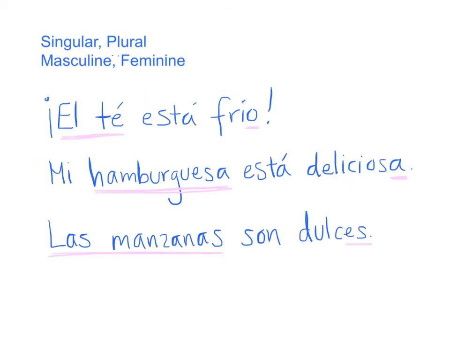Las manzanas son dulces. Dulces with the S at the end because I'm describing more than one apple, las manzanas. You may have noticed by now that many adjectives in Spanish end in an E. If that's the case, you just leave the E. That doesn't change, but you do need to add an S if it's more than one.